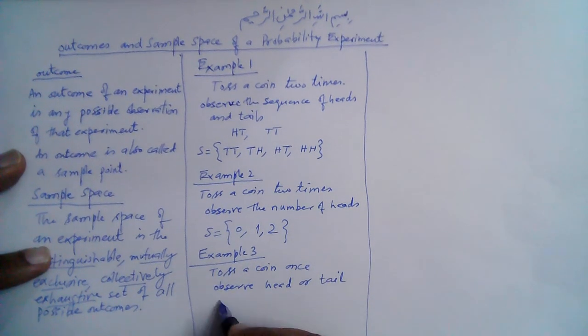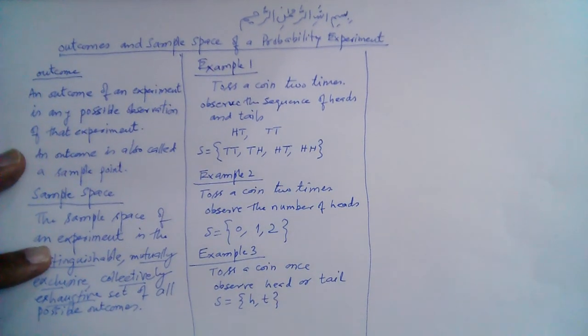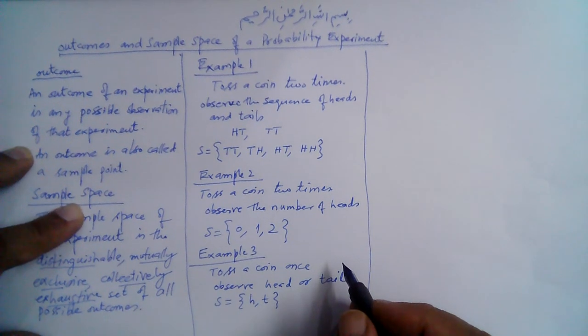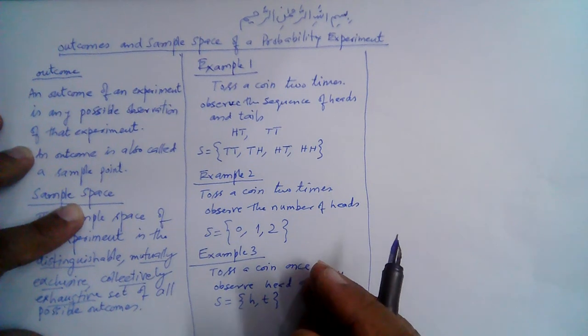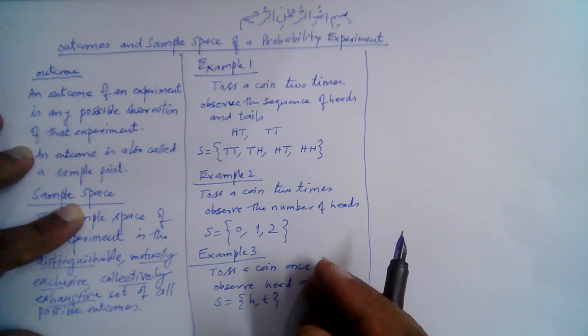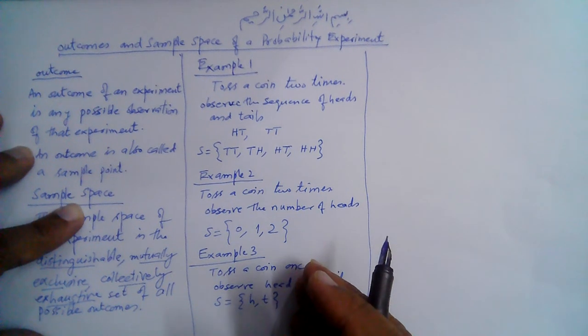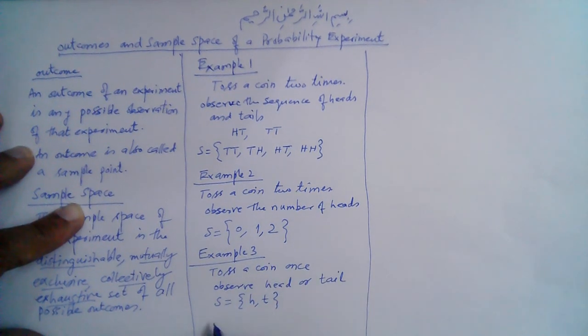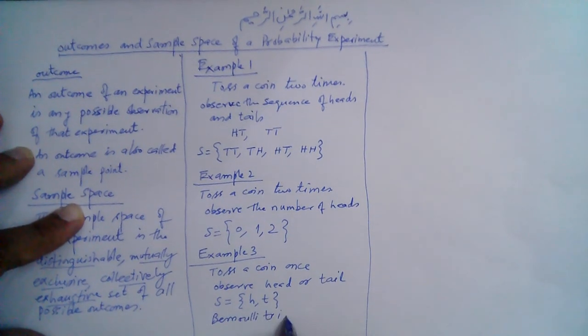So the sample space is head or tail, right? This is a particular type of experiment in which only 2 outcomes are possible. Such experiments are given a specific name, which is called Bernoulli trials. So the experiments in which the number of possible outcomes is only 2 are also called Bernoulli trials, right?